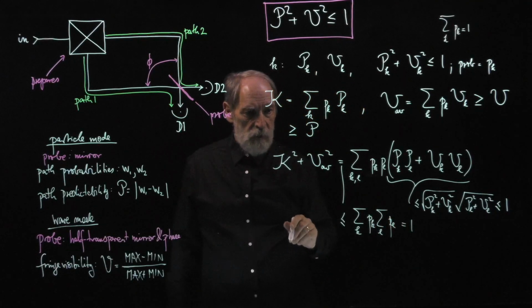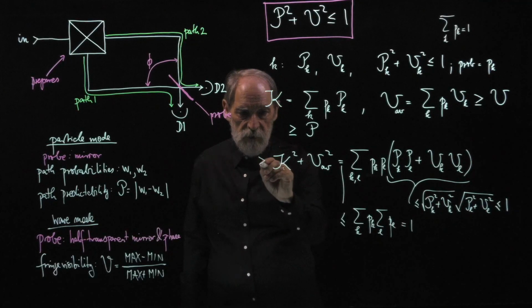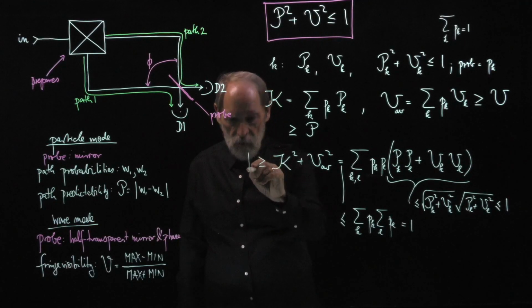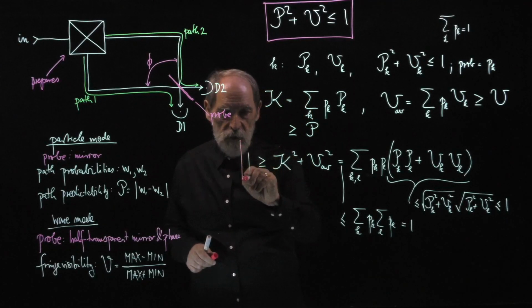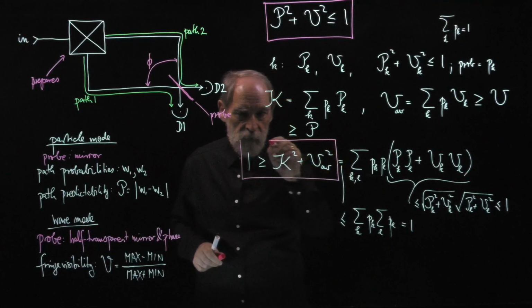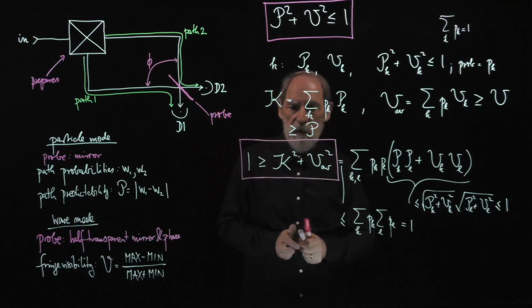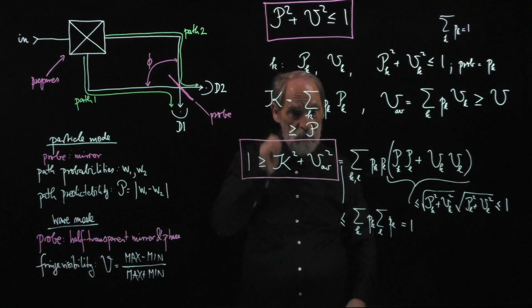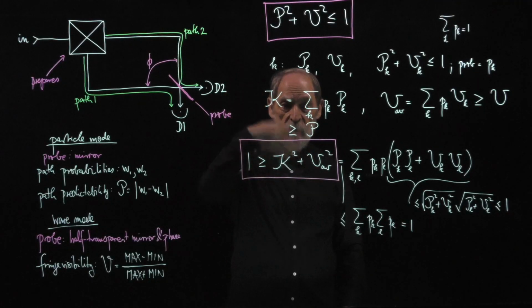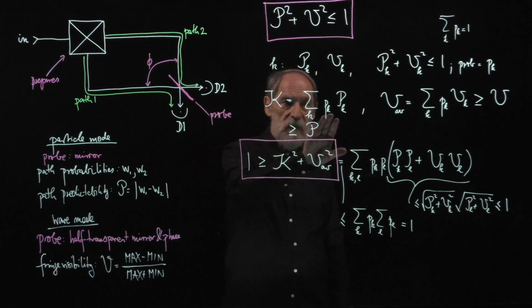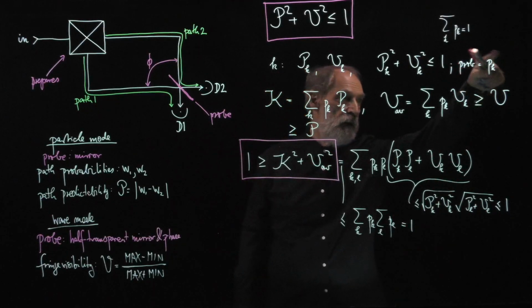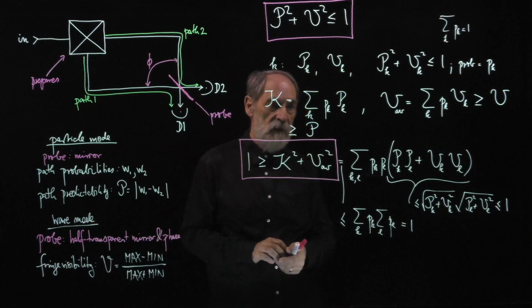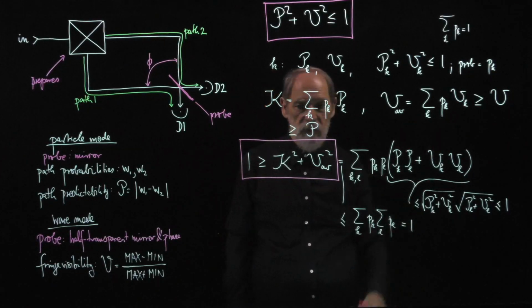So the bottom line is that even with this sorting, we have the same inequality, but now for the average quantities that we get for path knowledge and fringe visibility for the sorted subensembles. So this is the average predictability for all the subensembles, weighted by which fraction of the particles is in the respective subensemble, and the same for the visibility.